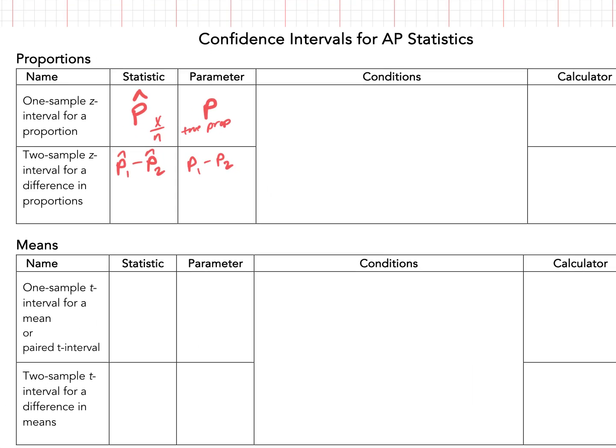All right, your conditions. Your first condition is random, which you're going to say given somehow.